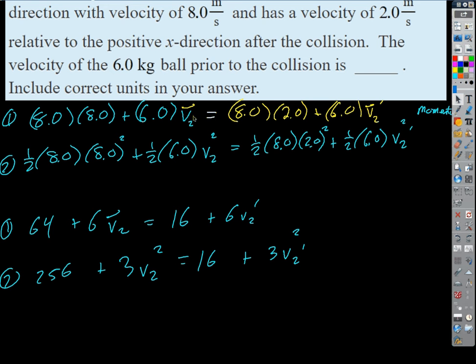Okay, so there's one equation, but notice we've got two unknowns in this, right? So we need another equation. Well, here it is. We know that kinetic energy is conserved.